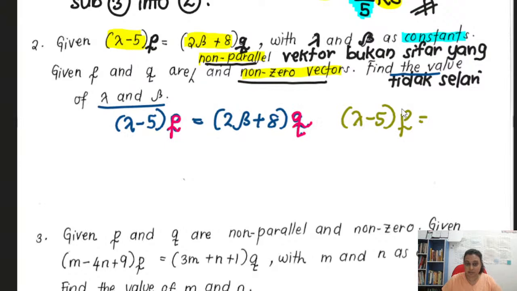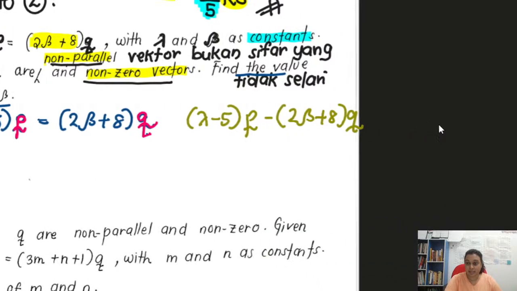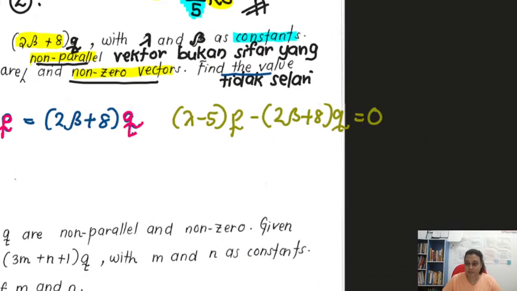Dia boleh beri macam ni. It is actually the same question, but they put equal 0 behind it. So what students must do, apa yang student kena buat, is move vector Q to the back.